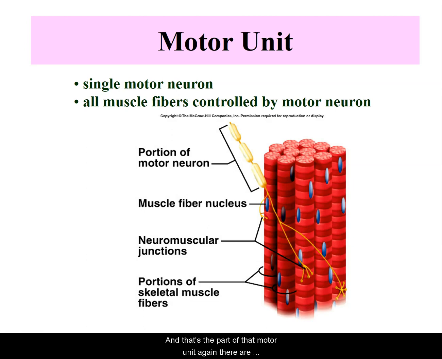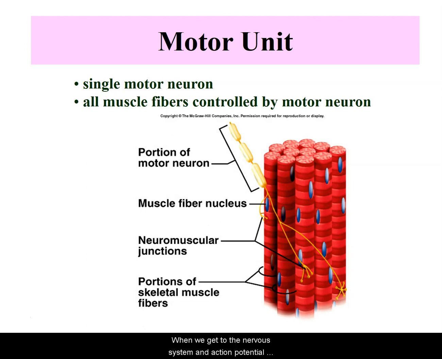Again, there are many motor units in a muscle. And as we see, this is a motor neuron, so the muscles are stimulated by the nervous system. When it is stimulated and you have contraction, that is also called an action potential. So an action potential equals muscle contraction for a muscle.